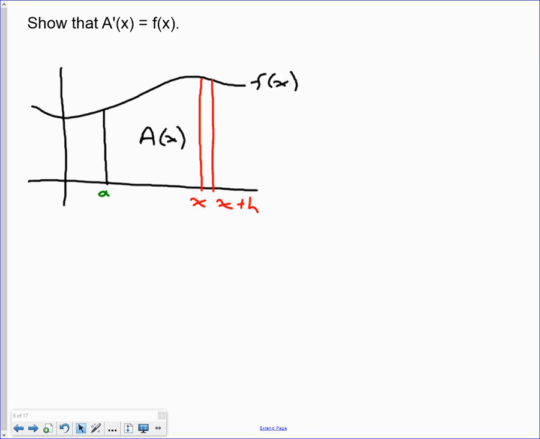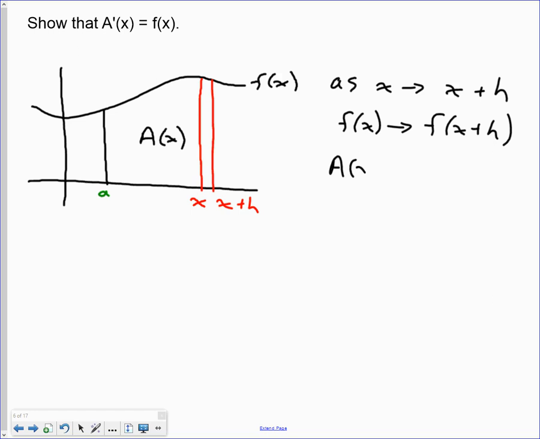So as x goes to x plus h, the value of our function, f at x, is going to change to f at x plus h, and the value of our area function is going to change as well. Instead of A at x, we are now calculating A at x plus h.